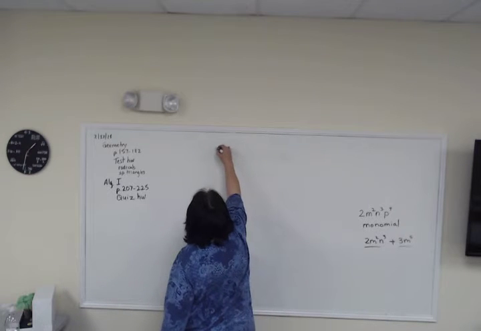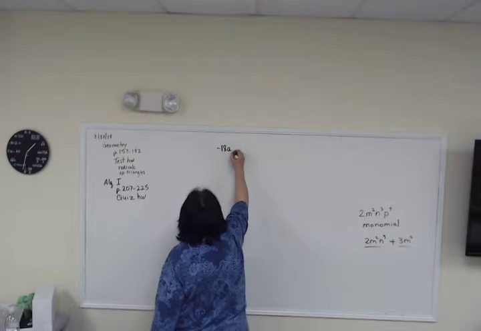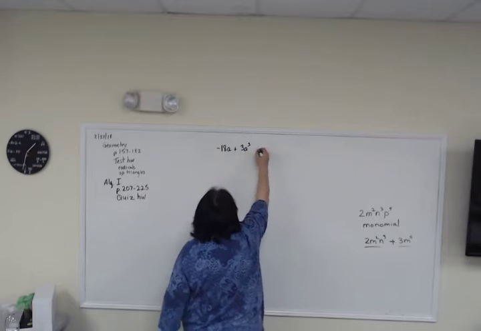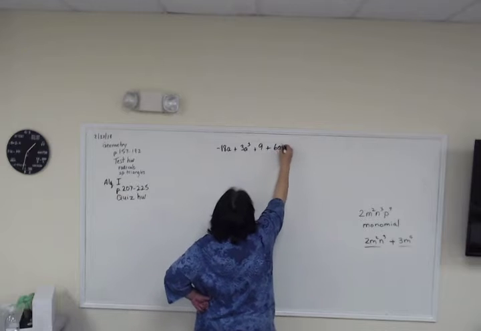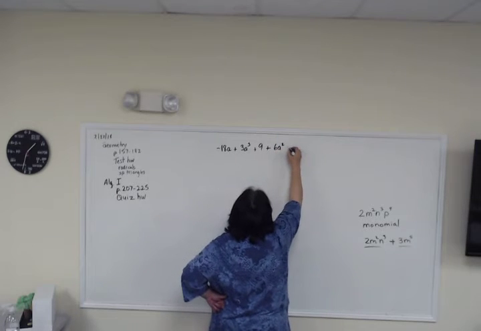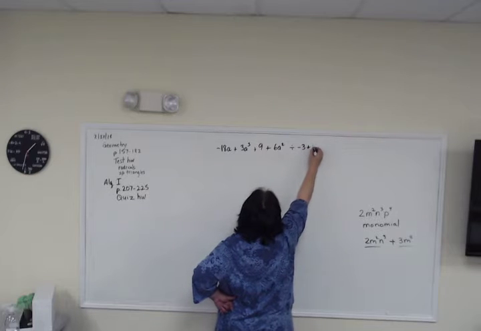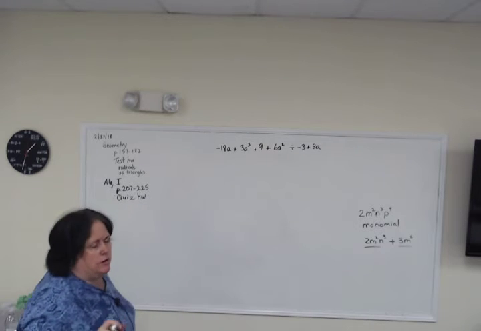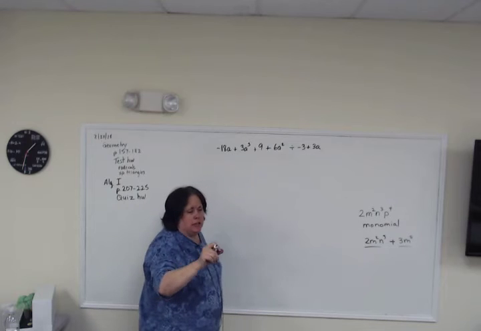I have a really tricky one. Negative 18a plus 3a cubed plus 9 plus 6a squared divided by negative 3 plus 3a. Okay, so now the first thing we have to do is put everything in descending order.